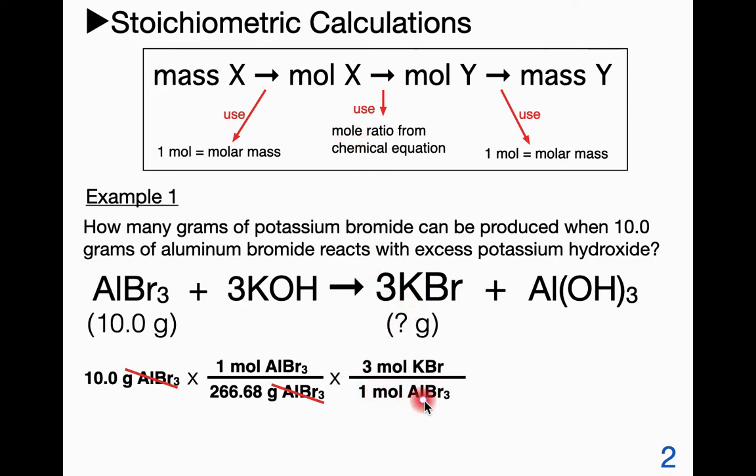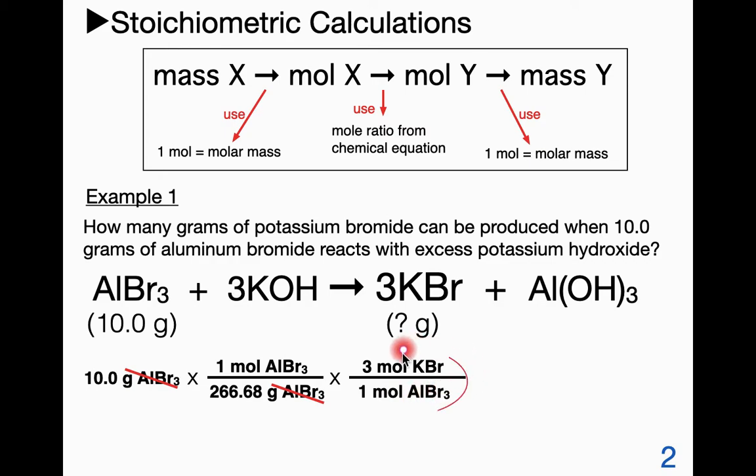Remember that the great thing about dimensional analysis is it tells you exactly where things go because you want your units to cancel out. At the end of the last step, we had moles of aluminum bromide, so we want moles of aluminum bromide to cancel out. So in our mole ratio, moles of aluminum bromide will be in the denominator.